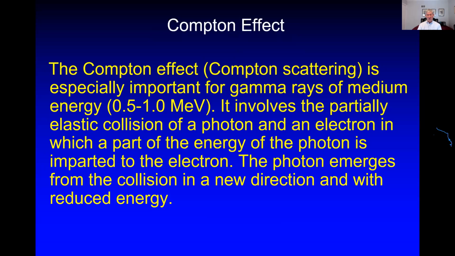You all probably are very aware that the Compton effect is associated with the word scattering. It always will be because, unlike the photoelectric effect, in the Compton effect you always get a gamma 2. We'll see in the diagram where that came from. And gamma 2 could interact in the crystal just like gamma 1 did, but in a totally different location.